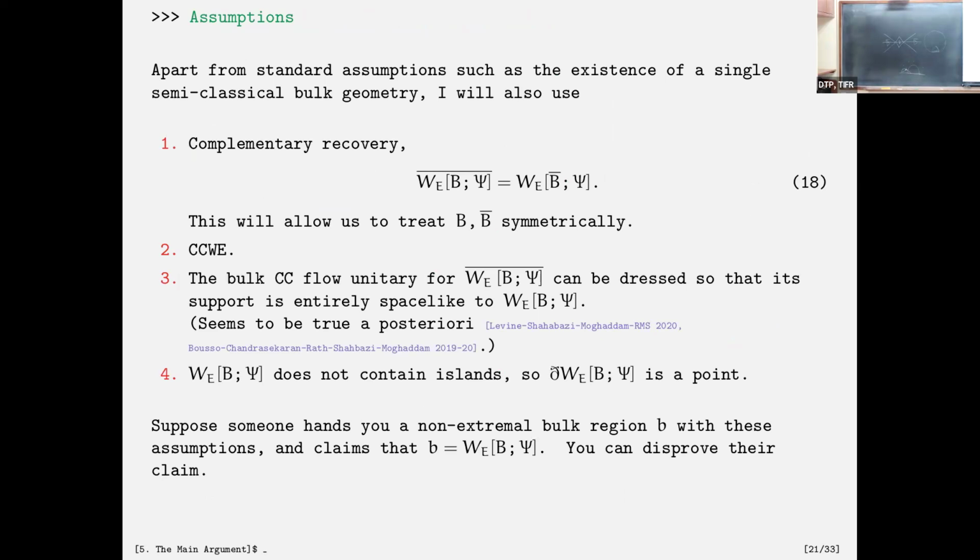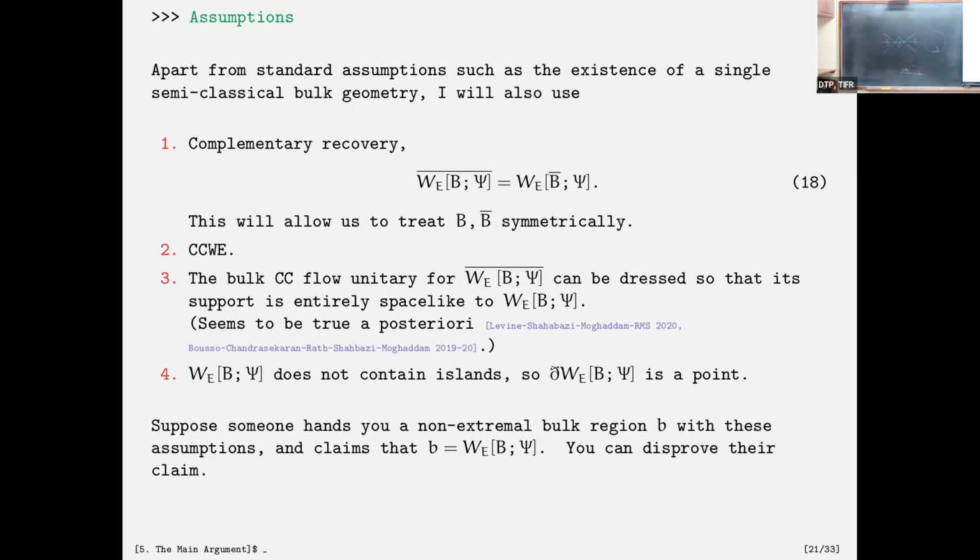The non-trivial assumption is that the bulk CC flow unitary for the complement of the maxi W can be addressed so that the support is entirely spacelike to it. This assumption turns out to be true a posteriori, but a priori it is an assumption. And right now I will also assume that the maxi W does not contain islands, so the boundary of it is a single point.